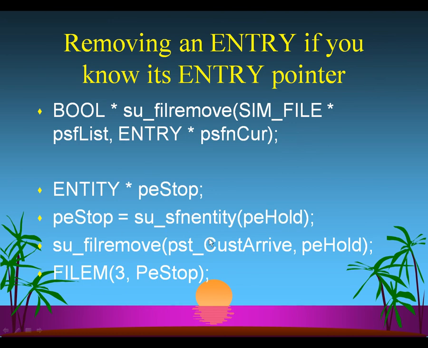Then we can remove that item using, say, a sim file pointer that we've set up previously, and store this entity, which is saved in PEStop, in a different file. Removing an item from a file does not destroy its attributes. The entity pointer still exists and those attributes are valued. It just no longer has an entry pointer once we remove it, and is no longer part of that particular file. But as you can see, we can put it in a different file if we want to.